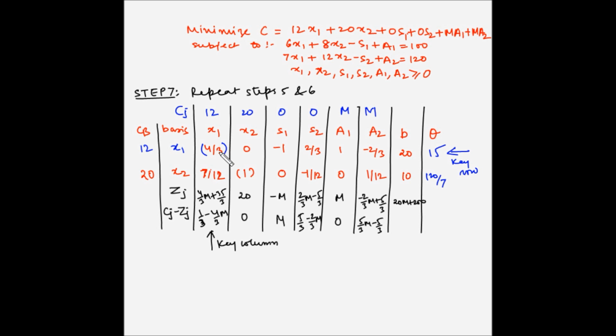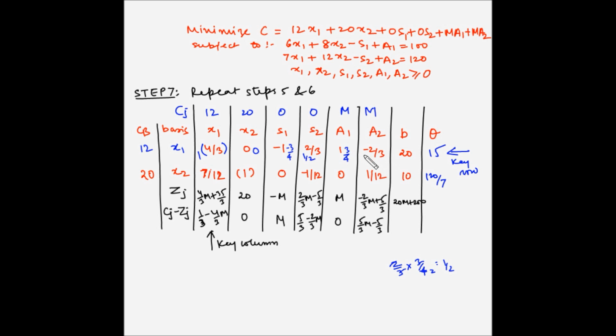So let's do that. So 4 by 3 divided by 4 by 3, this will become 1. Then 0 divided by 4 by 3 is 0. Minus 1 divided by 4 by 3 becomes minus 3 by 4. 2 by 3 divided by 4 by 3. So 2 by 3 into 3 by 4. So this is 1 by 2. 1 divided by 4 by 3 becomes 3 by 4.